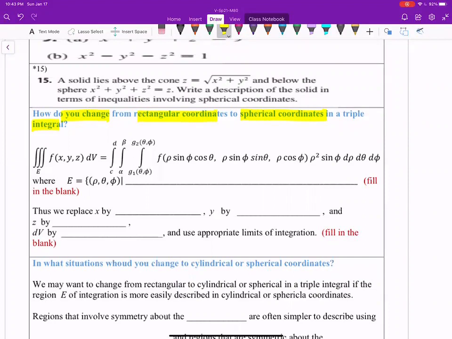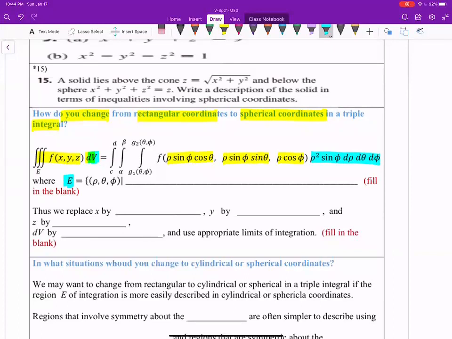The triple integral over E of f of x, y, z dV is the integral from c to d, integral from alpha to beta, integral from g1 of theta, phi to g2 of theta, phi of f of x, y, z, where x is rho sine phi cosine theta, y is rho sine phi sine theta, z is rho cosine phi, and dV changes to rho squared sine phi d rho d theta d phi.